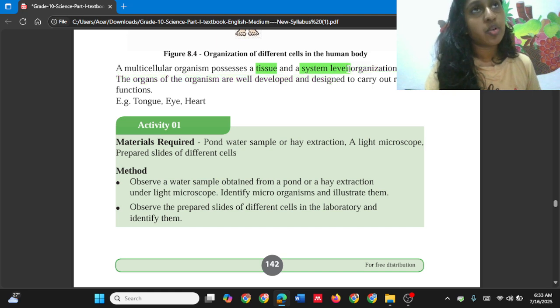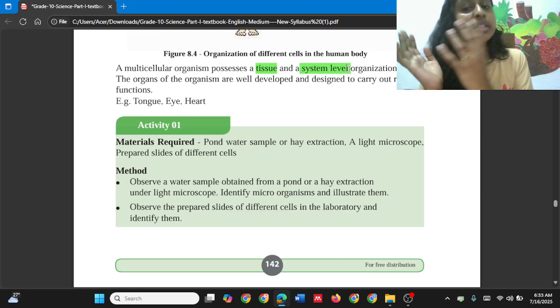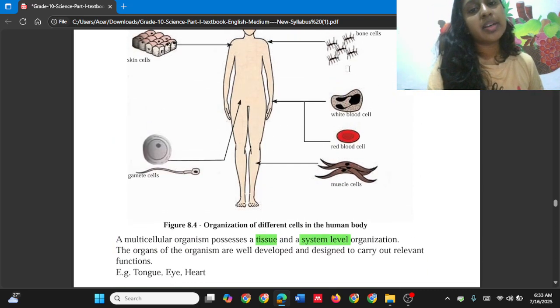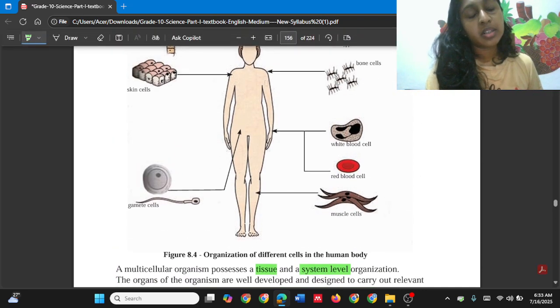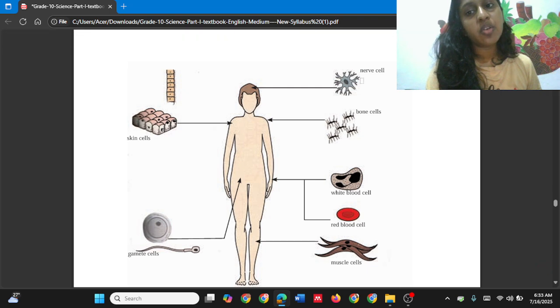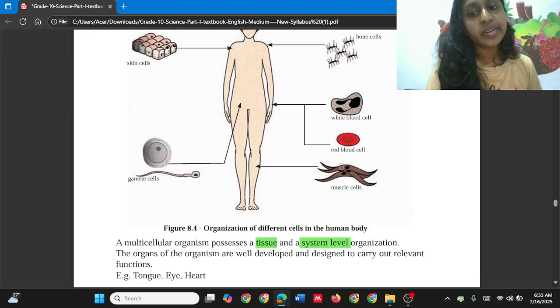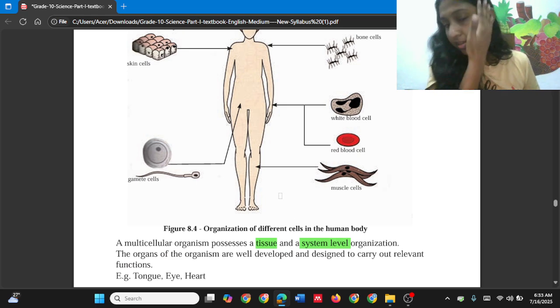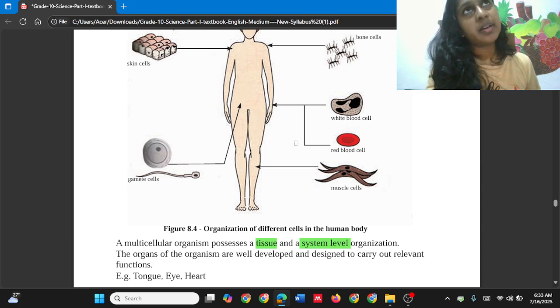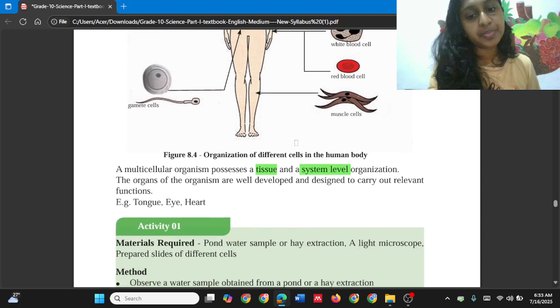Then we talked about organella level organization, organella, then cell, then tissue. If some cells are specialized for something, we call it as tissue. Nervous cells made a nervous tissue, bone tissue. Okay, so here muscle tissue, red blood cells and white blood cells, it is blood tissue, no?